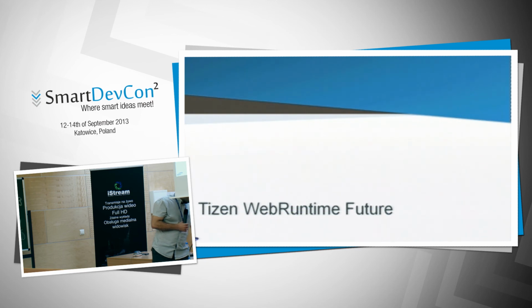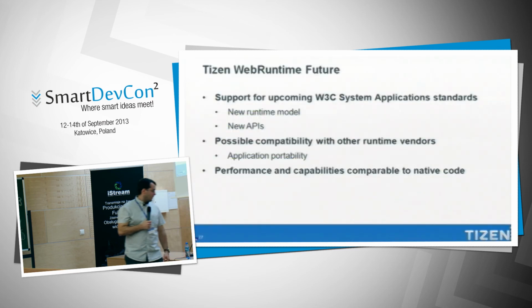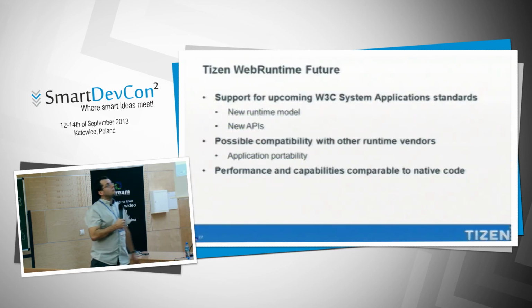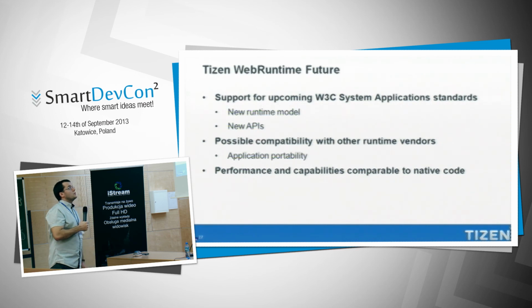Now for the future of Tizen Web Runtime, which again is only what's going to happen in my opinion. We are going to support the upcoming W3C system applications specifications. So we are going to implement the new runtime model and new APIs.